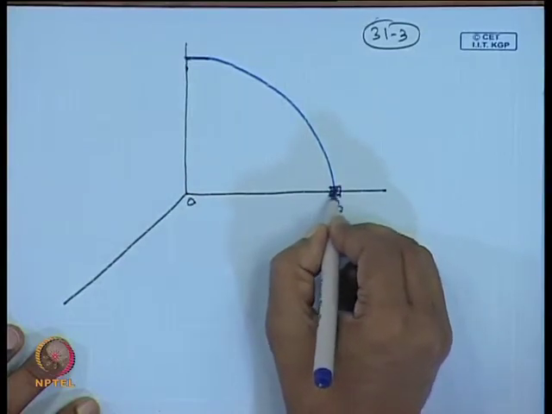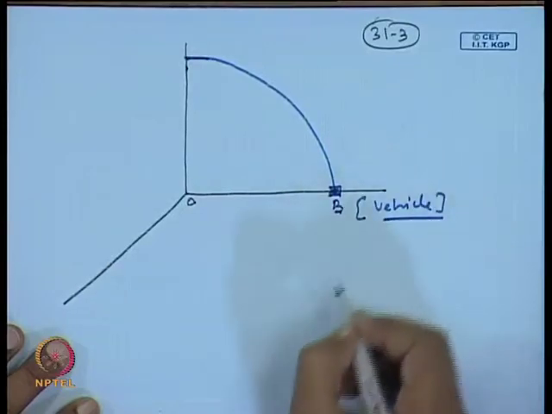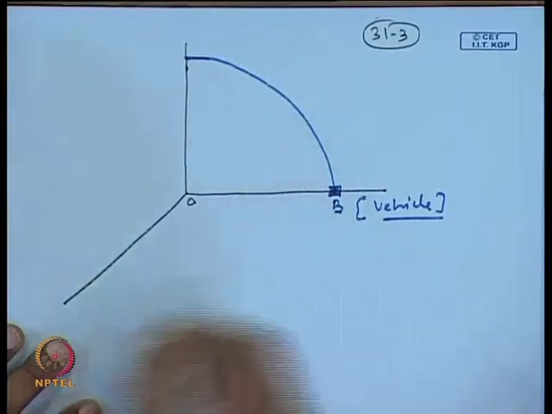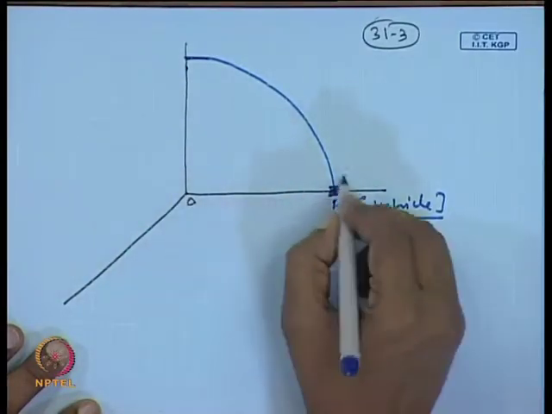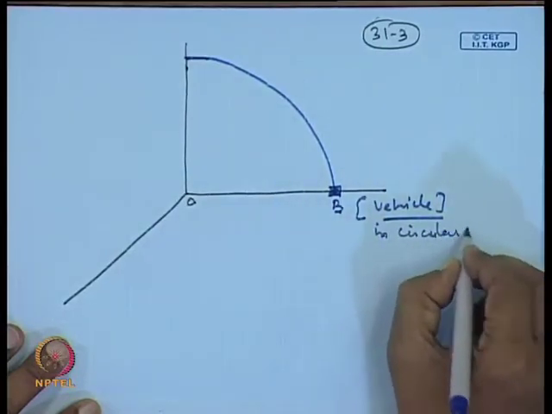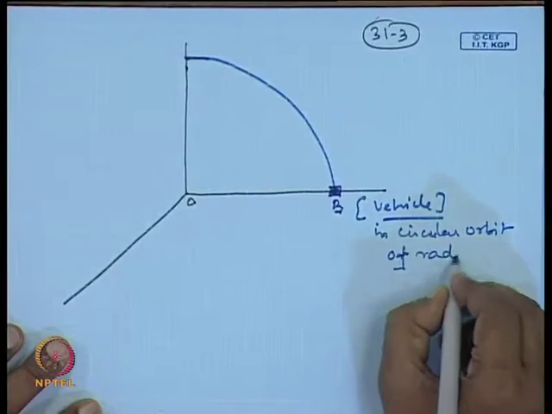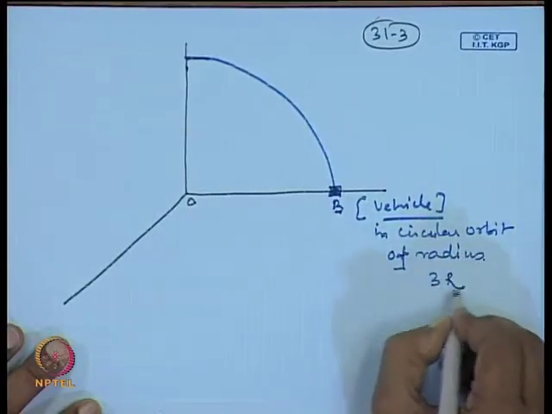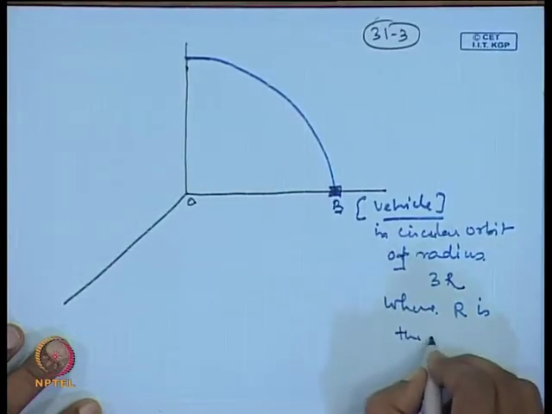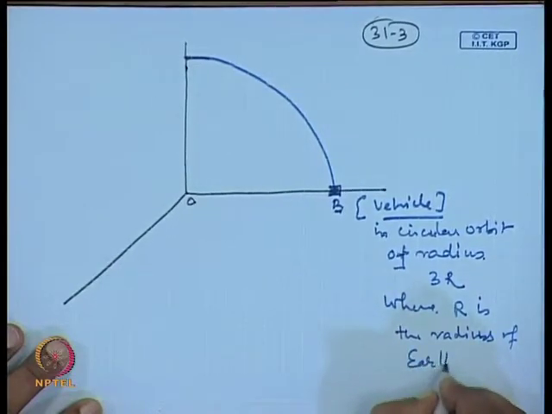Suppose we have a vehicle here at B. This is the space vehicle, and it is moving in a circular orbit of radius 3r, where r is the radius of Earth.